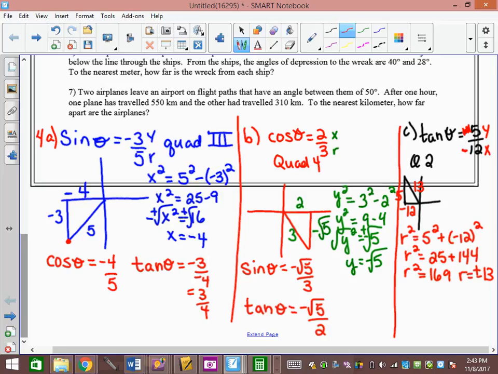That's why I said the moment they're asking you for a trig ratio, you need to draw that triangle. That needs to be the very first thing you do. So you draw a triangle first, use Pythagorean theorem, give me the trig ratio. Because when you take the square root of 169, you get plus or minus 13. Because whenever you take the square root of a number, you get positive, negative, that number.